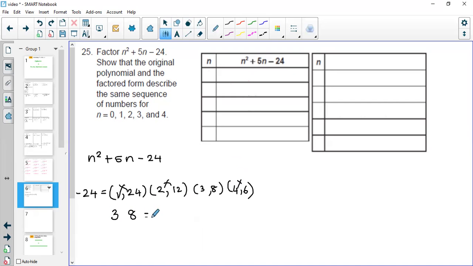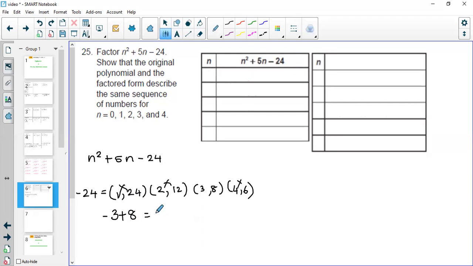Now, I am going to arrange this in such a way that I need to get a positive 5 as well as a negative 24. So to get a positive 5, I could say it could be 8 minus 3, right? Because only then, if the 8 is a positive number, could I get a positive answer. So I could say it's going to be negative 3 plus 8.